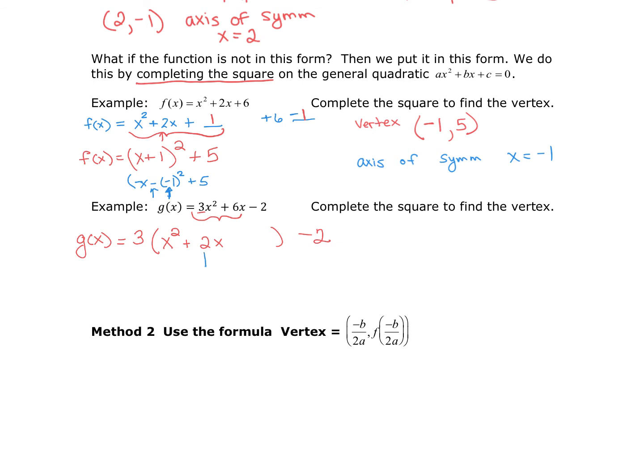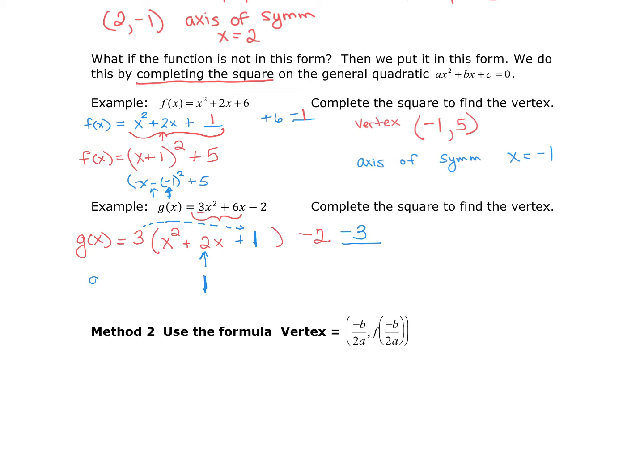I am now going to take half of this 2, which is 1, and I will square it, and I get 1. So I'm going to add 1. Now over here, you would think I would subtract 1, but if I distribute that 3, I added 3. So I have to subtract 3.